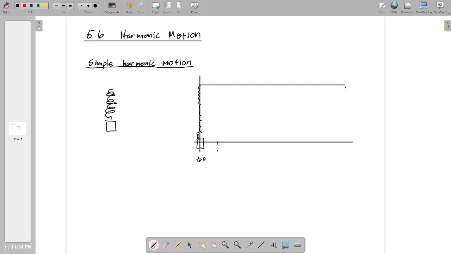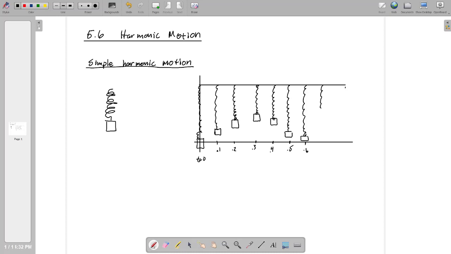So at 1/10, we're right here. This has moved up a little bit. At 2/10, it's moved up even more. Then at 3/10, it reaches about where it's going to be its maximum. At 4/10, the mass is starting to move down now. 5/10, continuing to move down. 6/10, it's getting really close to its minimum.